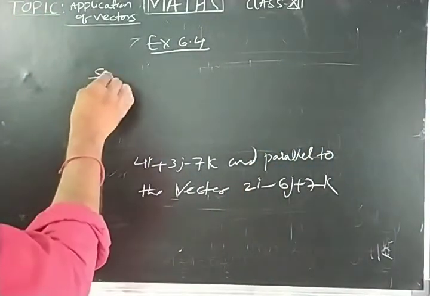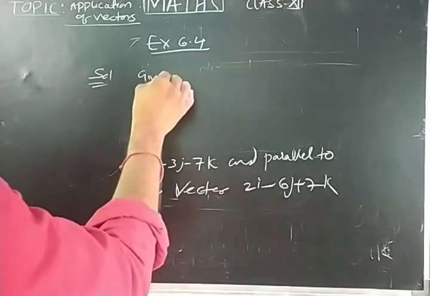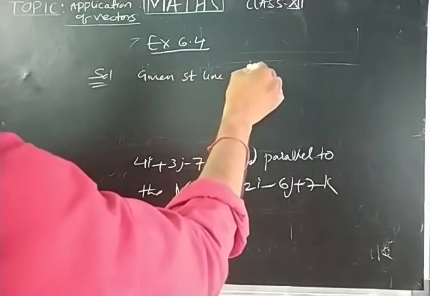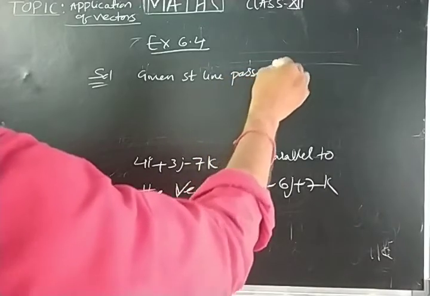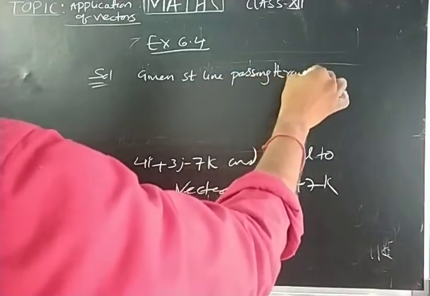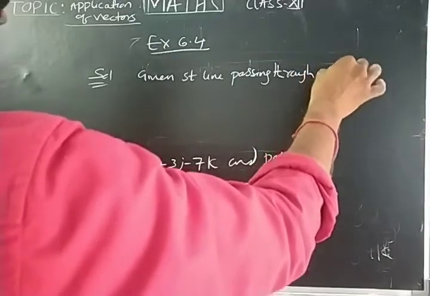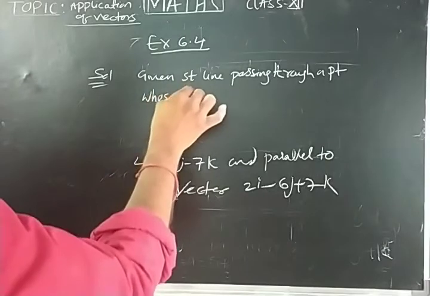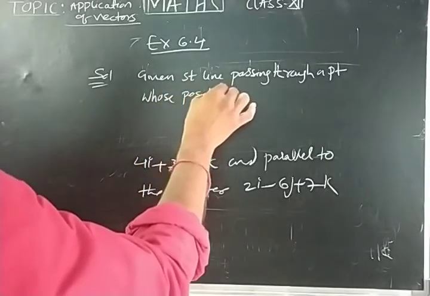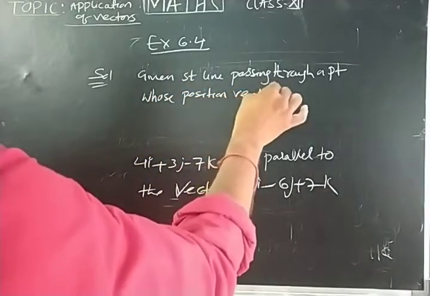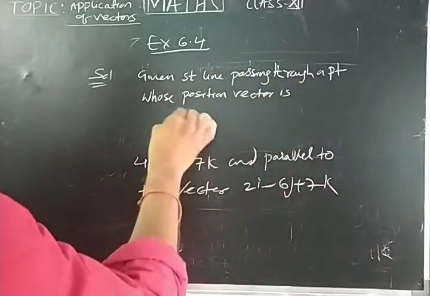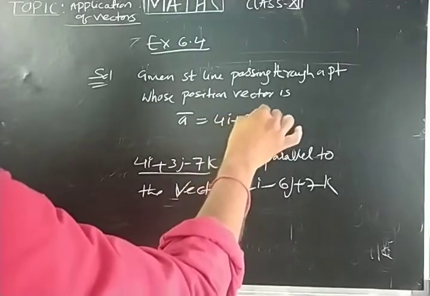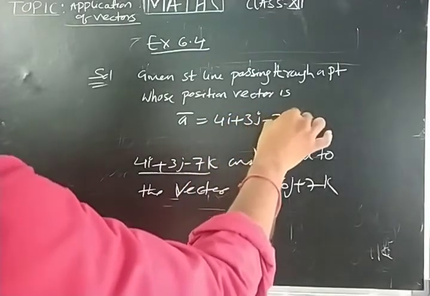Given solution. Given straight line passing through a point whose position vector is, and taking a bar is this vector 4i plus 3j minus 7k, right?